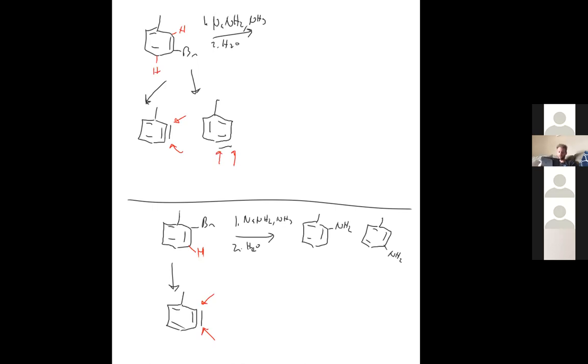So it'll randomly happen. 50% of the time we'll get this alkyne. 50% of the time we'll get this alkyne here. They can both lead to a product or two products.